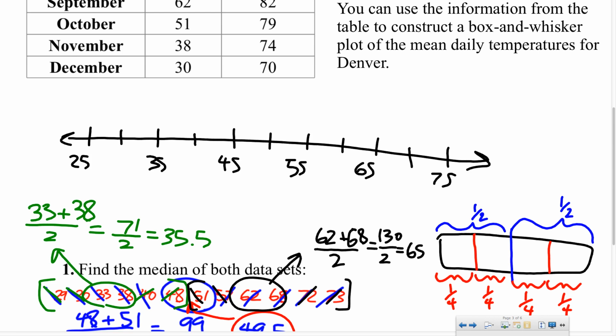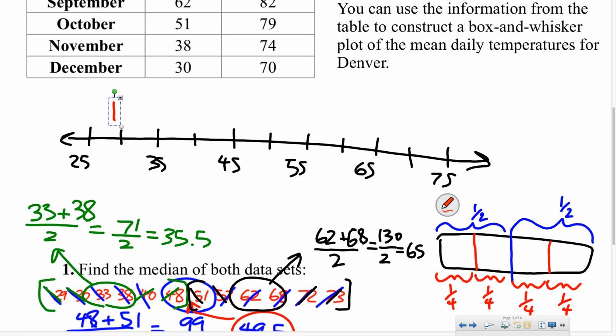Okay, so let me go ahead and graph this. And this is just a sketch. So my smallest value in my data set for Denver is what? 29. So I'm going to go ahead and graph that. This is 30, so it's going to be a little bit smaller than that. And above, I'm just going to make a line above where that is about.